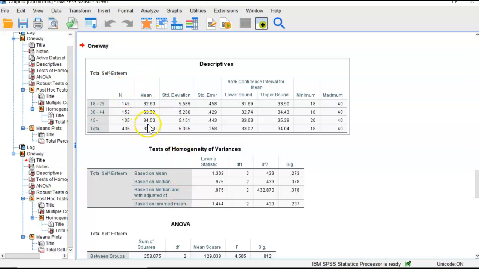Now I'm going to look at the means, and I can say to myself, does there appear to be a pattern there? What is the pattern in these means? Well, the 45 plus group appears to have higher self-esteem than the middle group, 30 to 44, but really different from the youngest group, the 18 to 29s. So you have the lowest scores in the 18 to 29 group, the highest scores in the 45 plus group.